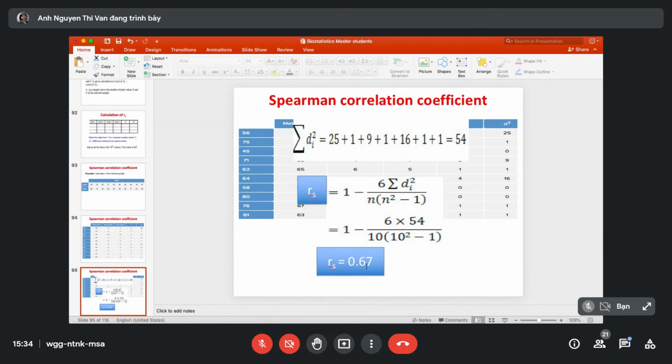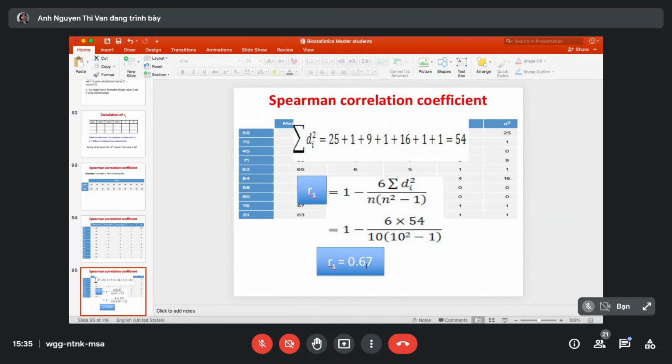So it gives you the direction and the strength of the correlation, but you don't know about the linear relationship. You just know there is an increasing trend between the two variables.